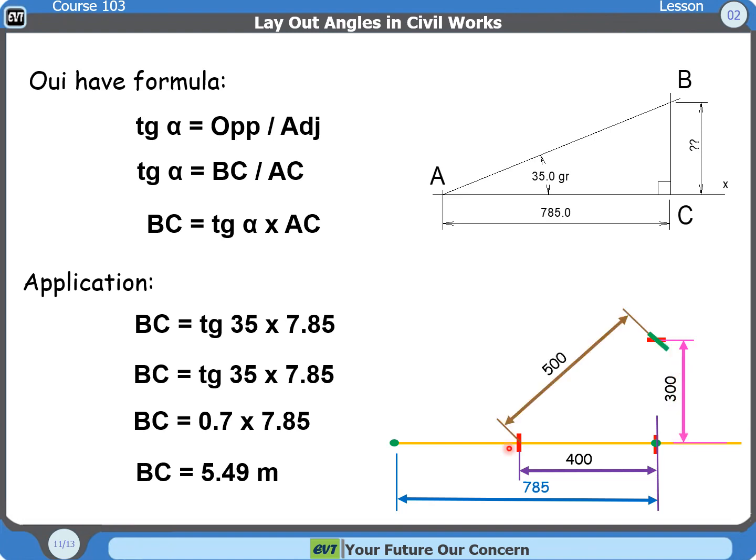Then measuring from the point, in this case at 4 meters, measure the distance 5 meters. Arc this mark, and you will get an intersection as shown. This will give you the point. So the result, you will have a right angle of 90 degrees. After that, when you have set the perpendicular line, you can set your point B by the distance 5.49 meters. The result will give you point B exactly.